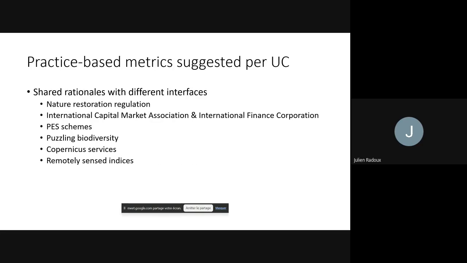So the practices have been suggested for the different use cases, and there are shared rationales with different interfaces.